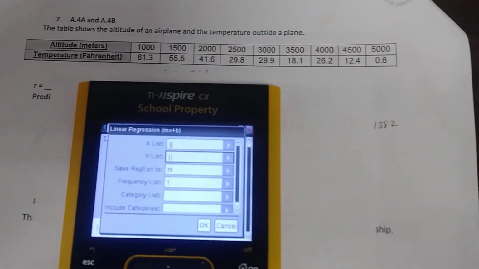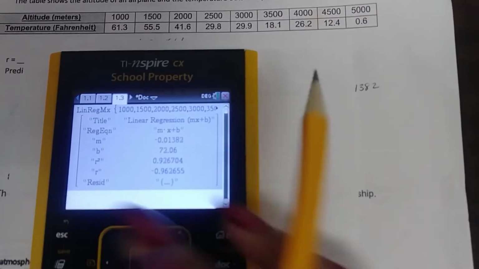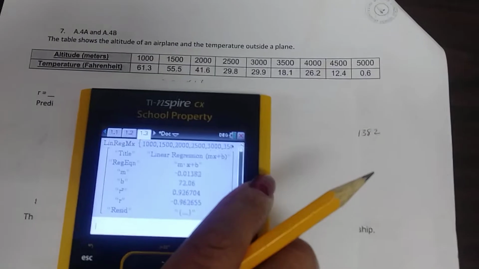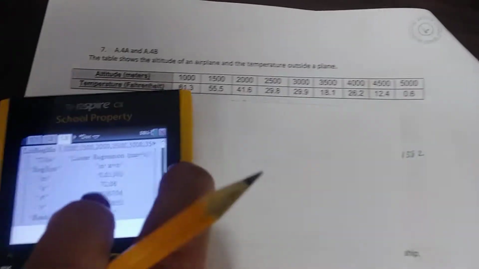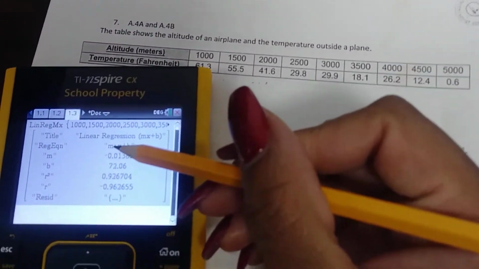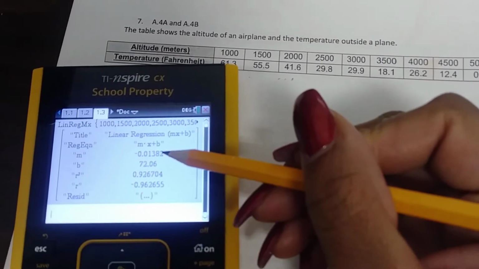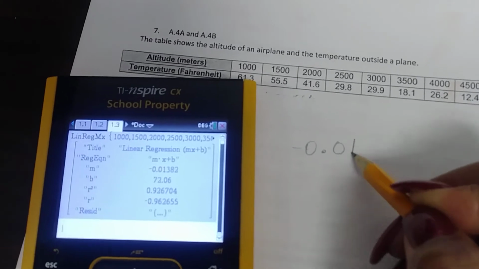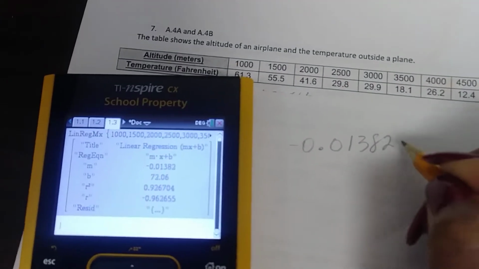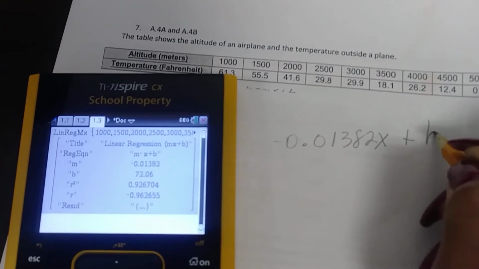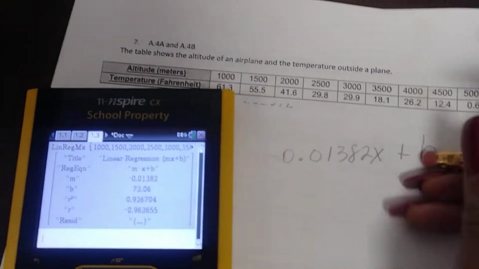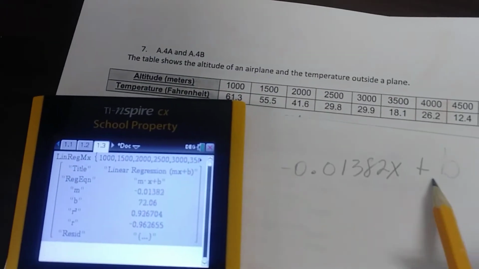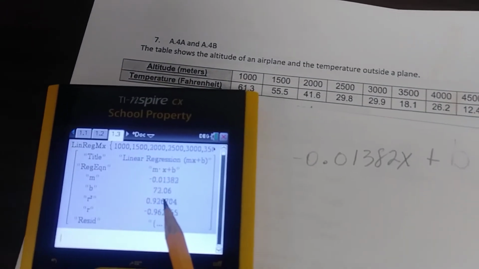After you have put all of your information in and pressed enter twice, you'll get this screen. So what does that mean? Well, if I want the best fit line, plug in your M value, which is what you see here: negative 0.01382 times X plus B. The B value is 72.06.